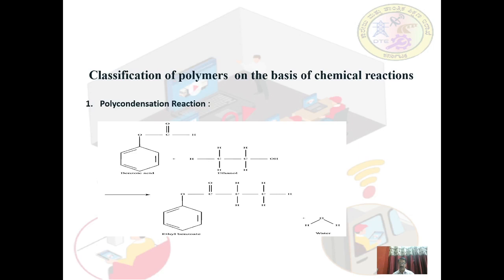Benzoic acid reacts with ethanol, undergoes condensation reaction to give ethyl benzoate, expelling one molecule of water. The polymer formed after the reaction is called the condensation polymer.